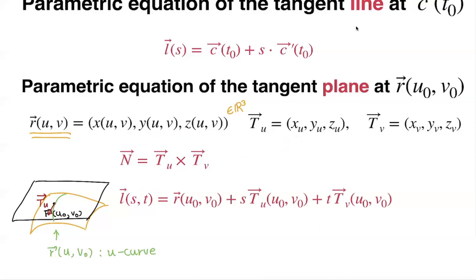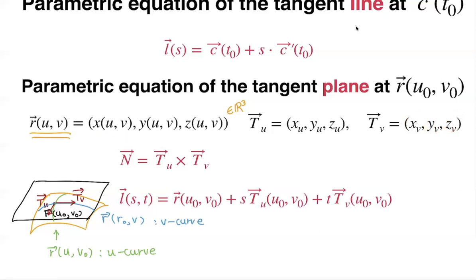In the same manner, we find the v curve, which is given by r of u0, v. This is the v curve, and there would be a tangent vector. This is tv. So this tangent vector is given by taking the partial derivative with respect to v at each coordinate.